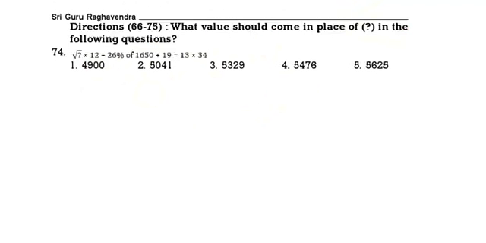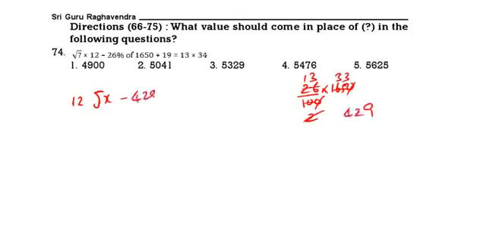See question 74. Root x into 12, that means 12 root x. 12 root x minus 26% of 1650. 26 by 100 into 1650. 5 2s, 5 33s, 2 1s, 39. That will be equal to 429, minus 429 plus 19 is equal to 34 into 13. 13 4s is 52, 442.